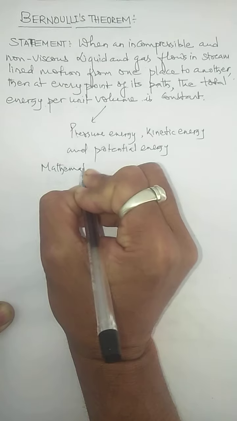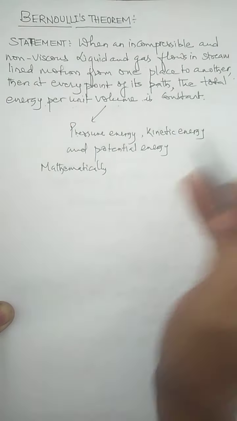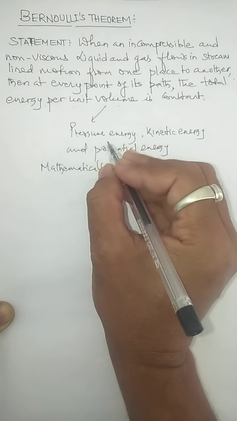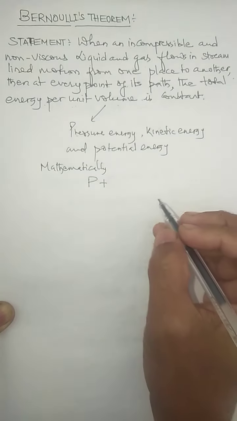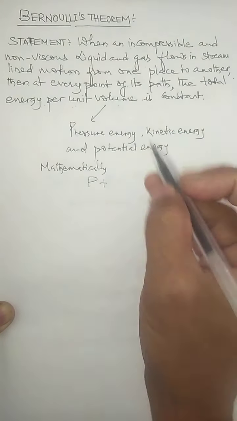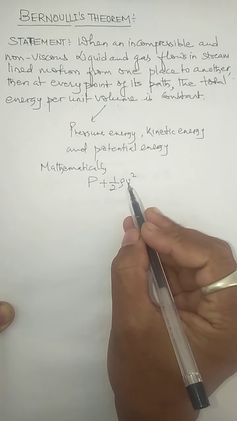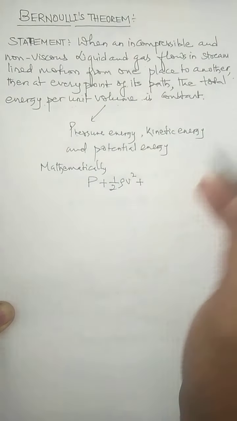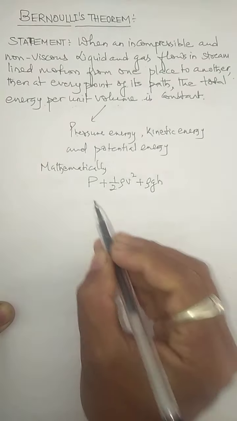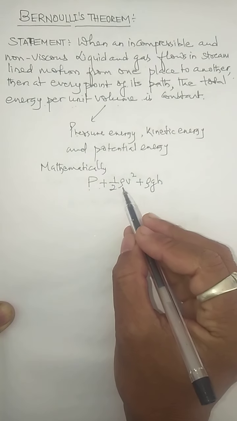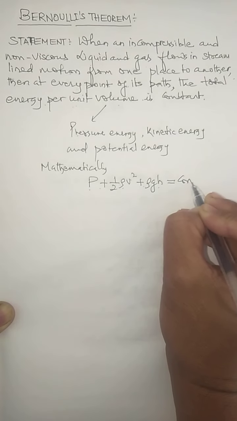Now this statement of Bernoulli's theorem can be written mathematically. It says that total energy per unit volume is constant. The total energy means pressure energy per unit volume, which is given by P, plus kinetic energy per unit volume, which is given by half rho v square, plus potential energy per unit volume, which is given by rho g h. So P plus half rho v square plus rho g h is equal to constant.